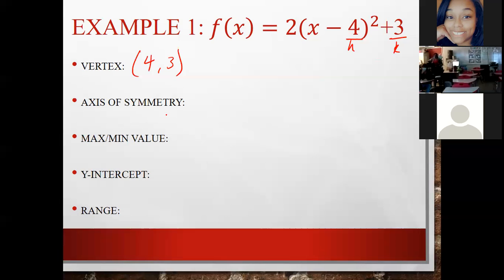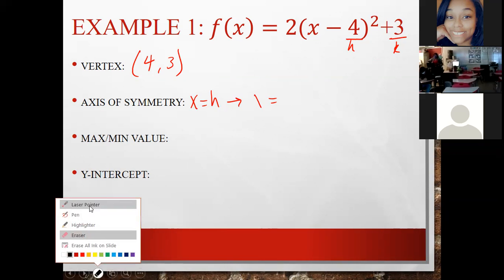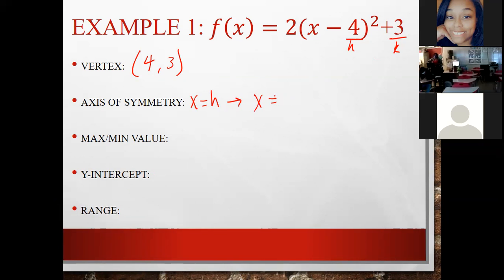Axis of symmetry. Your axis of symmetry is x equals your h. So in this case, what is our axis of symmetry? 4. So x equals 4. Okay.